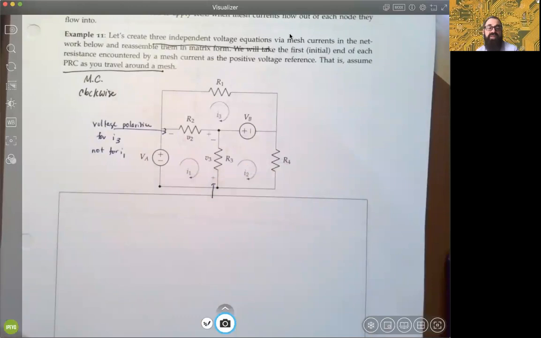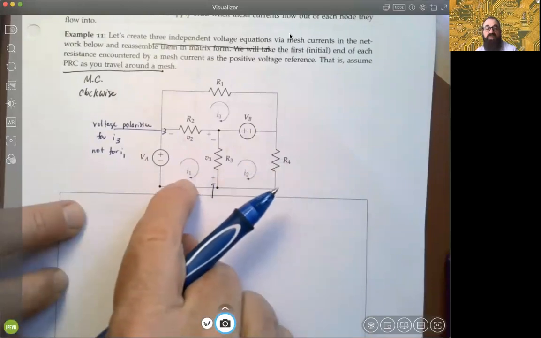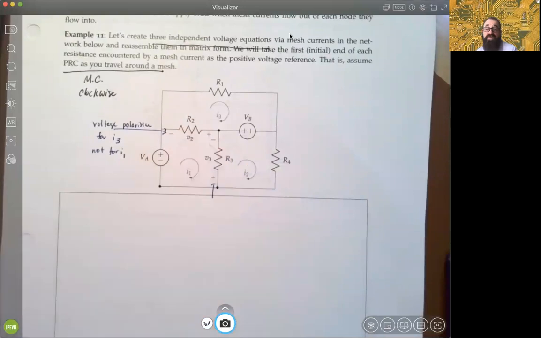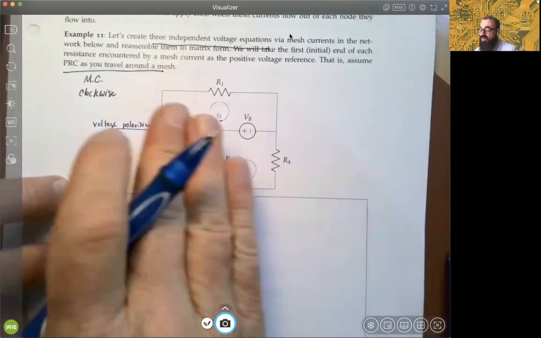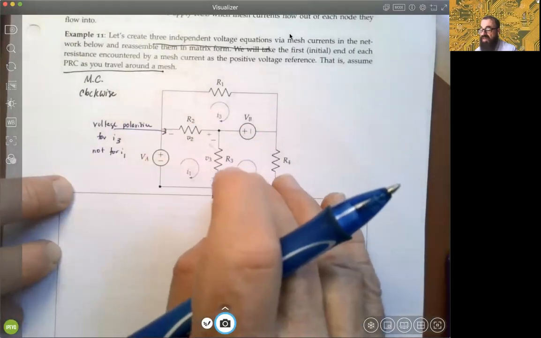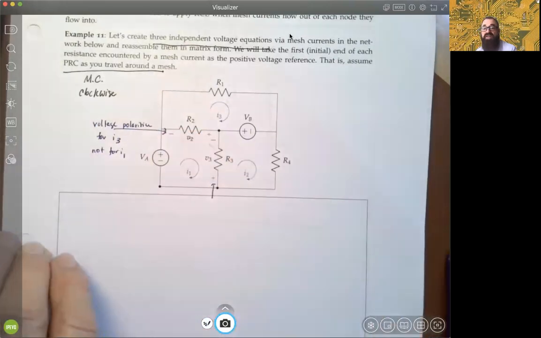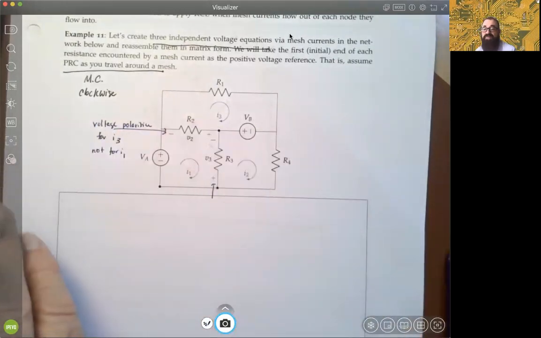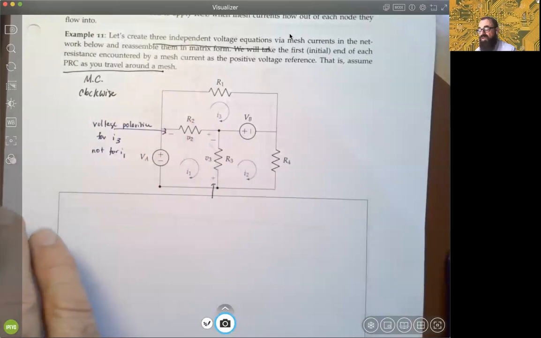If we wanted to represent the voltages from the perspective of I1, we'd need to flip those. But as long as we pay attention to the fact that we'll always be PRC, you're not going to get into trouble. So with mesh currents, we're always going to assume PRC.